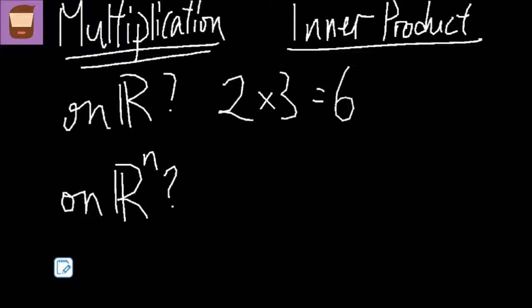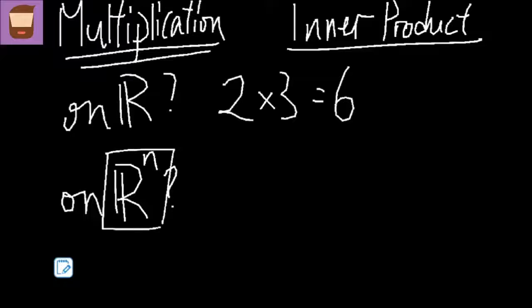And of course, here we use Rn. A vector space is not necessarily real numbers, but let's assume it is, to make it simple. Actually, there are several ways to do a multiplication on a vector space, like the cross product and the inner product here.